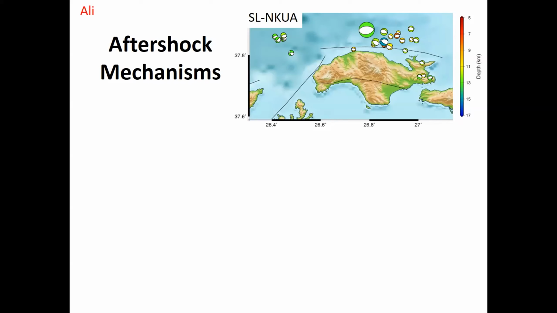Here on the screen, we see the aftershocks of magnitude larger than 3.7. And most of the aftershocks, as you can see, show normal faulting mechanisms. In the aftershock area, we can notice distinct areas.